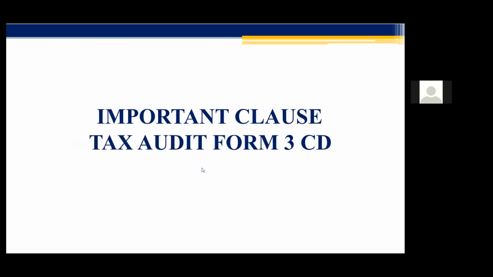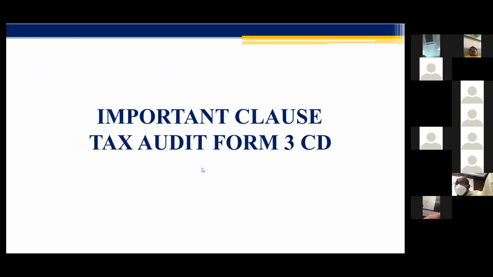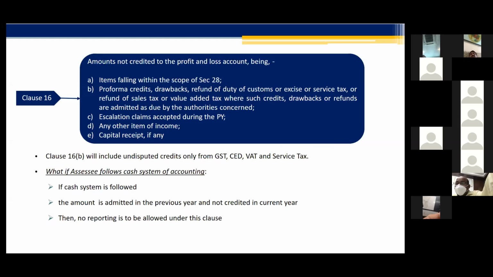Now I'm trying to cover the important clauses of tax audit Form 3CD. I have not covered all the clauses. I have tried to cover the clauses which, according to me, we must revisit at every point of time, and also we need to be updated on the income tax law when we are reporting in those particular clauses. The first clause I would like to discuss is clause number 16.